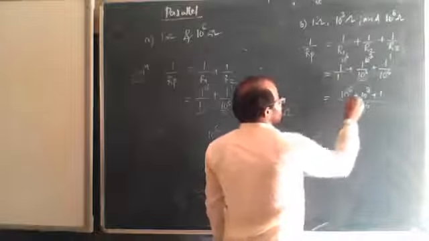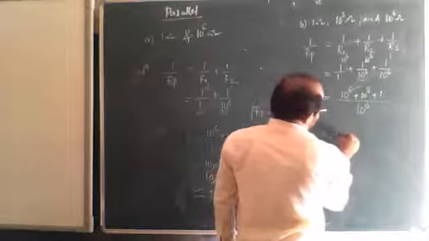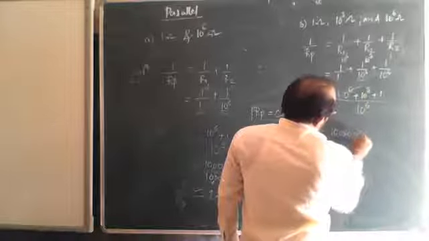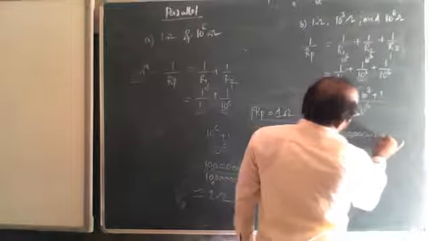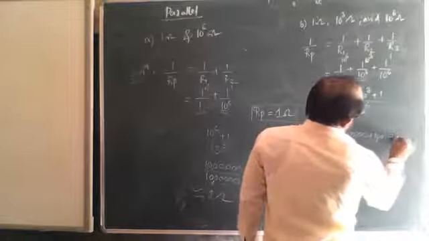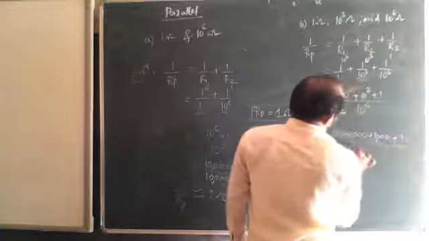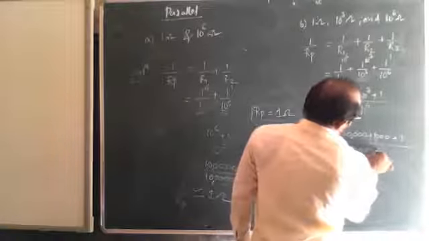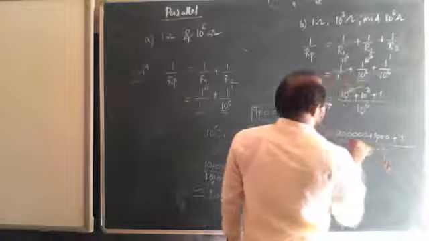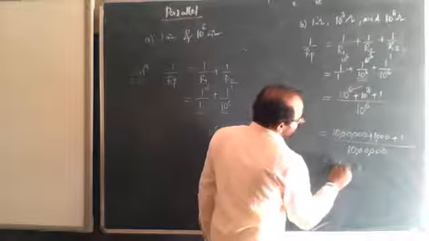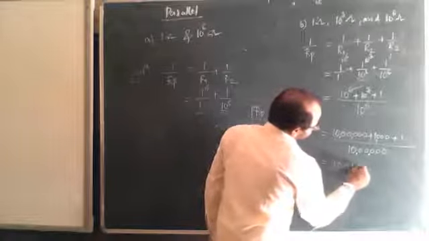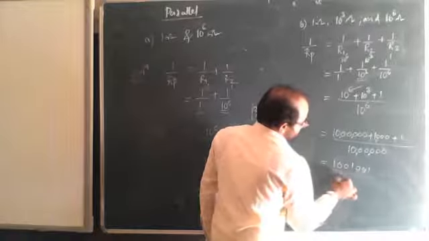10 raised to 6 is 10 lakhs, 10 raised to 3 is 1000, plus 1, divided by 10 lakhs. 10 lakhs plus 1000 plus 1 is 10 lakh 1001, divided by 10 lakh.